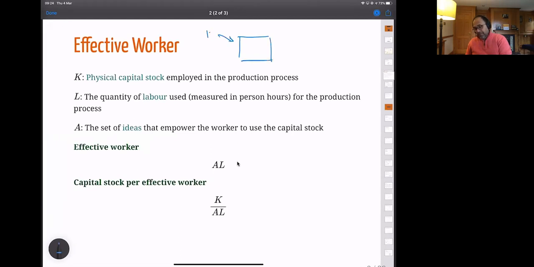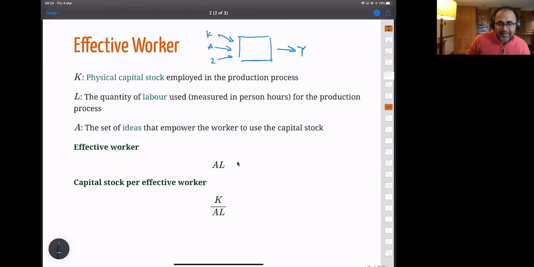You put in the capital, you put in the set of ideas, and you put in labor, and out comes the output, right? So the intuition is that you may have physical capital and you may have labor, but you need a set of ideas to put the physical capital and labor together. And if you put these set of ideas, the ideas allow labor to use that capital.